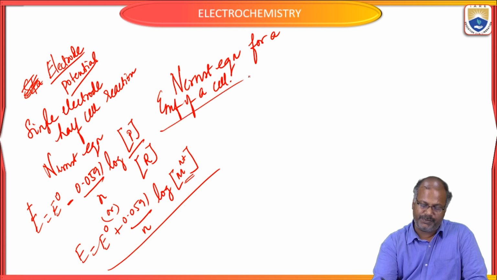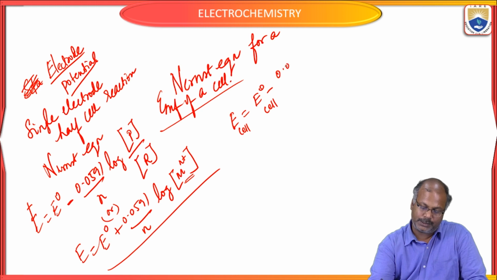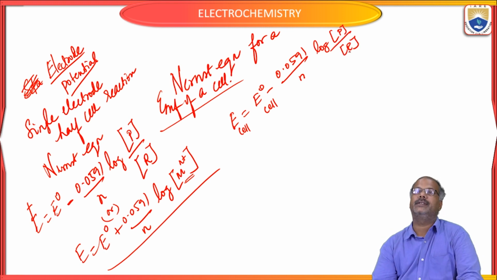Now comes the EMF of a cell. E cell, the EMF of the cell, is equal to standard EMF of the cell minus 0.0591 by n logarithmic concentration of product by concentration of reactants.